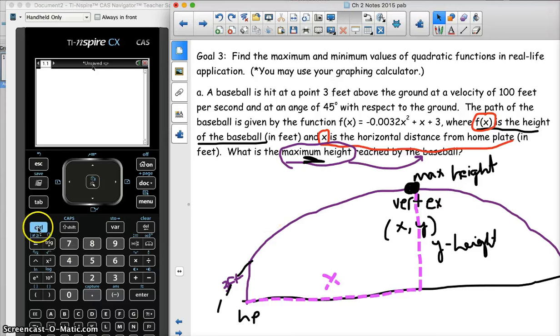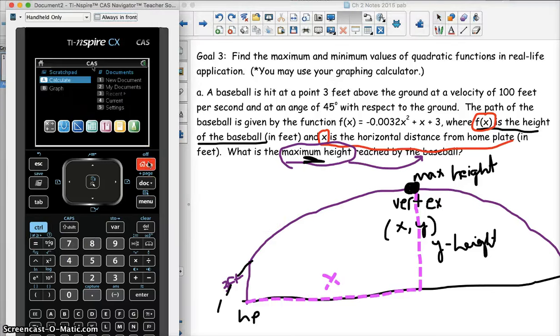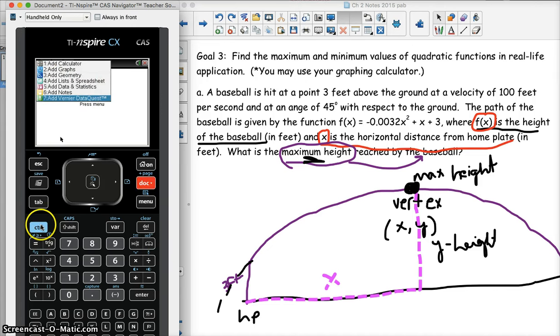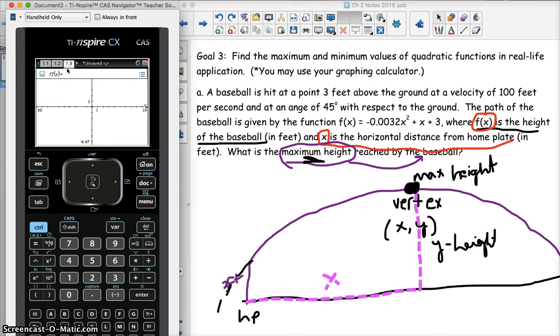So let's begin. From the home screen, you can select the graph button to bring up a new graph. Or if you are already inside a regular page, you can select Control Document and then add a graph in that way. And in your f of x function, it already gives you what f of x equals.